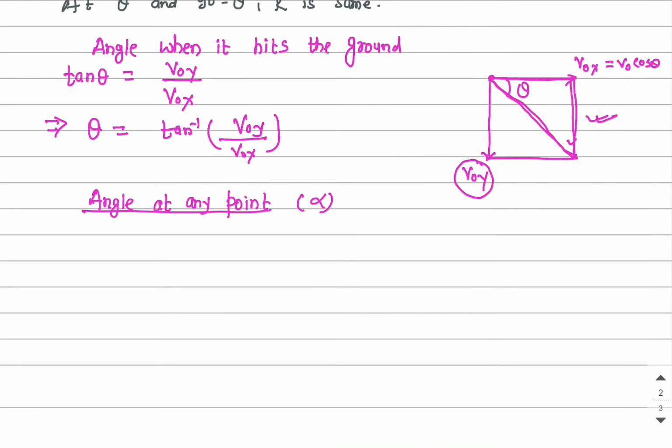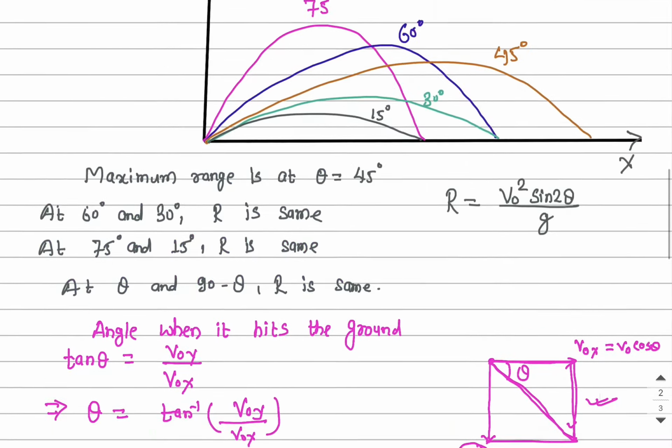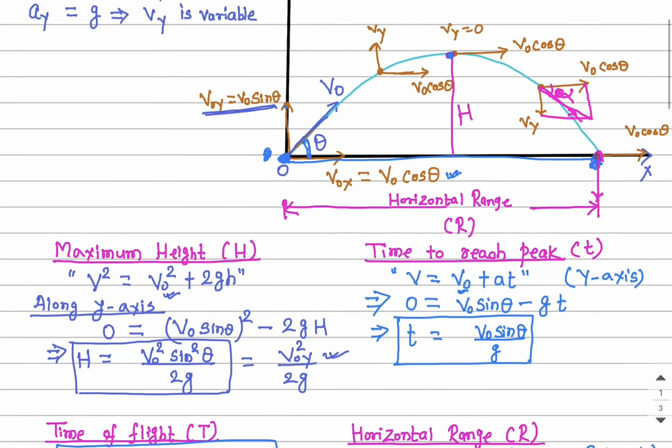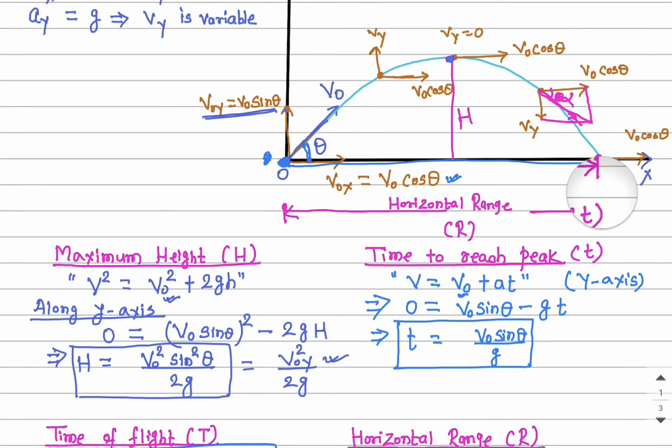In order to calculate the angle alpha, you have to calculate the vertical velocity divided by the horizontal velocity. All you have to do is calculate the vertical velocity at this point and the horizontal velocity.